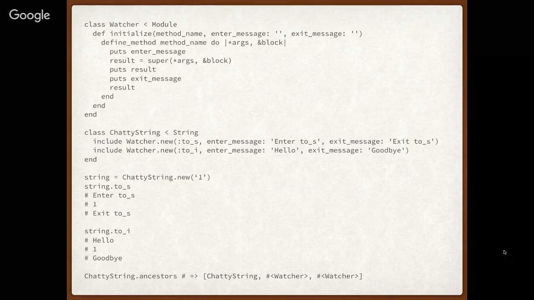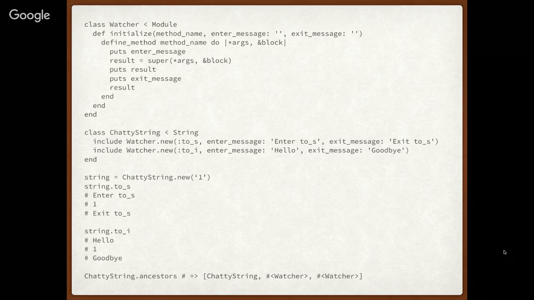So in the define_method, you've got method name do, and then args. Args is going to be the list of parameters, that whole list, right? What is block? Where's block? That's just standard define_method.